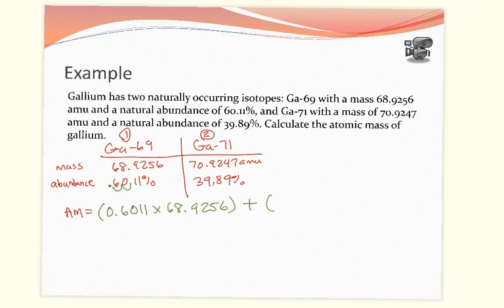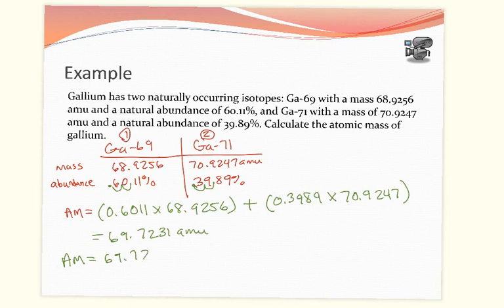And then we will convert this into fraction form as well, times our mass of our isotope 2. And that's it. We only have 2 isotopes, so we will plug this into our calculator. We'll end up with 69.7231 AMU, but we are limited by 4 significant figures, so we will report this as 69.72 AMU.